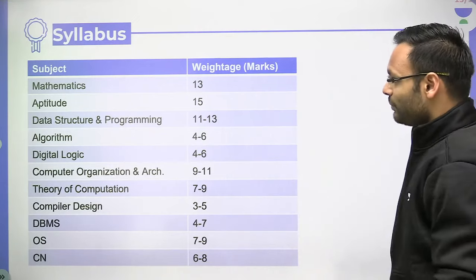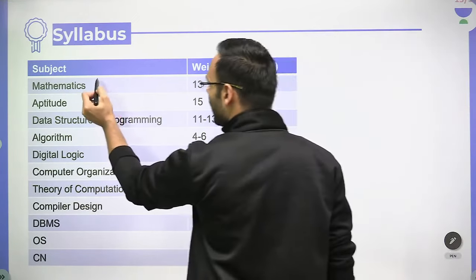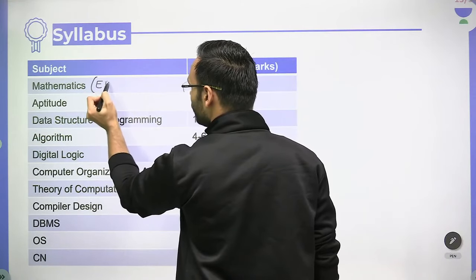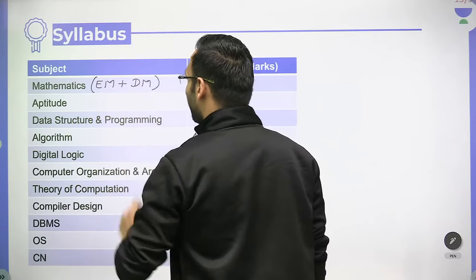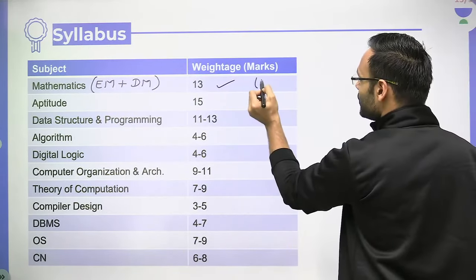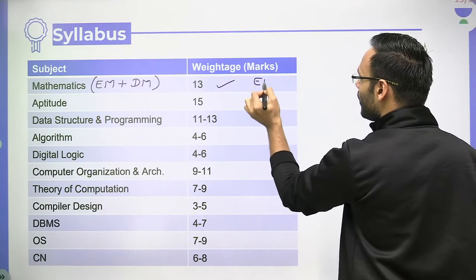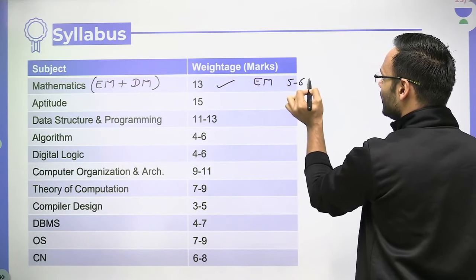You have mathematics, 13 marks weightage. In that mathematics, you have engineering mathematics also, plus you have discrete mathematics also, okay? And for discrete mathematics, we have a good weightage. For engineering mathematics, you have almost 5 to 6 marks only.